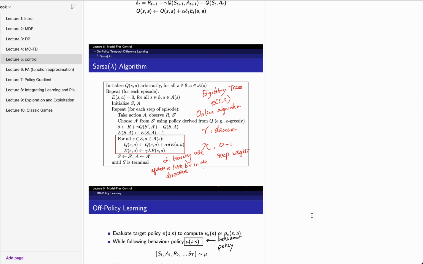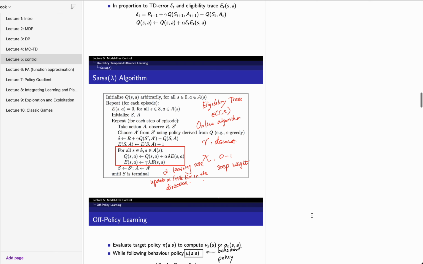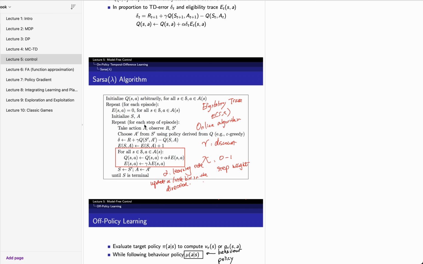So a complete SARSA algorithm would be: you take an action, observe R, S', and you choose the next action A' from S'. These are all the same as the previous SARSA. And then for the backward view, you're also going to calculate the eligibility traces here.